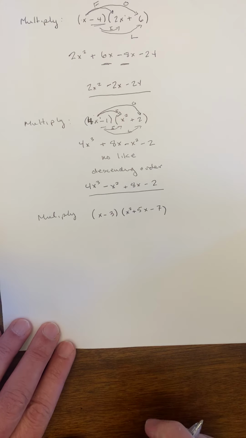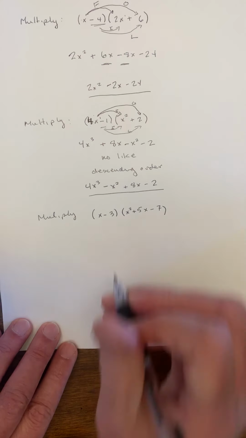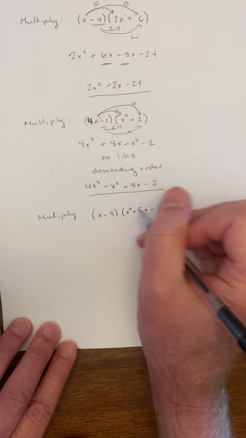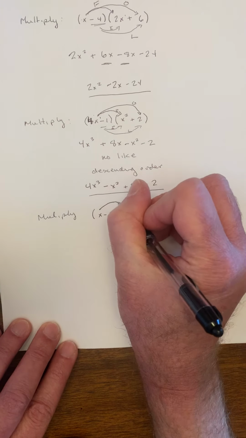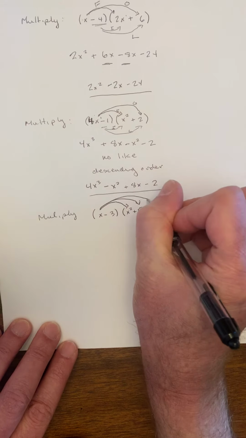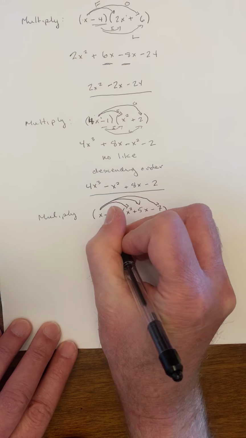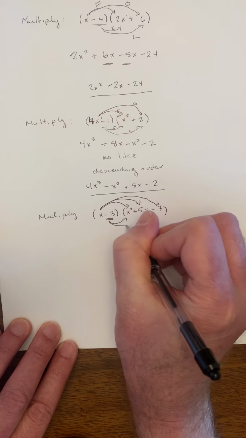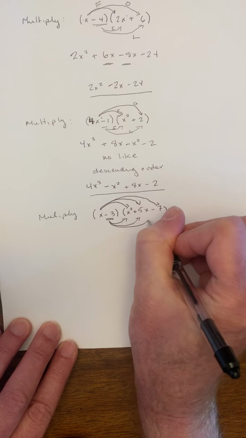Now in this case, we still are going to double distribute. This x has to multiply everything in there, but this time there are 3 things. 1, 2, 3. And this negative 3 also has to multiply 1, 2, 3.